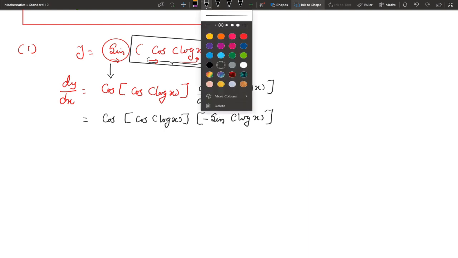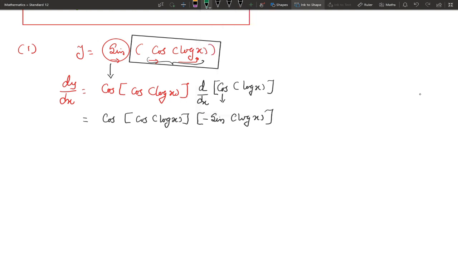Now again check, inside it is a function of x. So again we have to use chain rule. So into, see, this is as it is, the derivative of cos is minus sine. Now inside it is a function of x, so by chain rule, d by dx of log x.